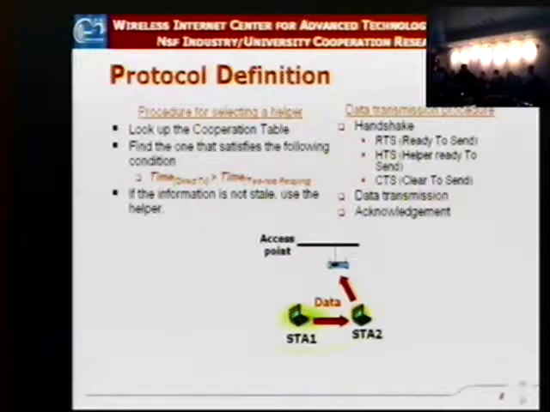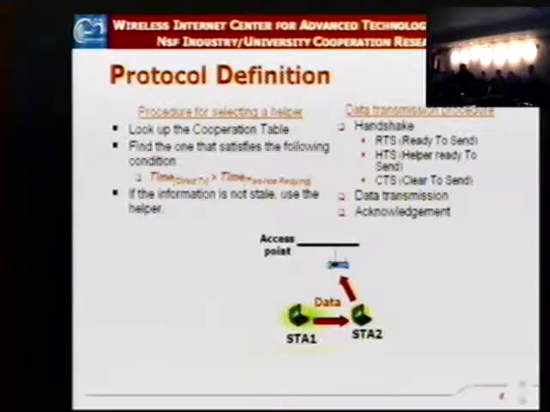Some details here. The packet that is transmitted from station 2 to the access point is transmitted directly after a SIFS period, after the reception of the packet from station 1. So there is no competition for the medium by station 2 in order to transmit the packet in the second hop. It transmits the packet directly after a SIFS period.